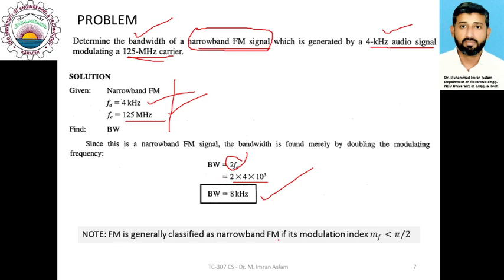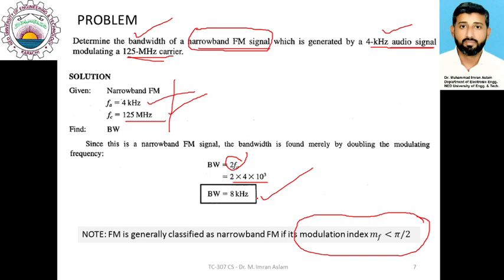At this stage, I want to mention one more practical consideration. For the narrowband case, as I mentioned in last week's discussion, we consider only one significant sideband, that is one sideband at the upper side and one sideband at the lower side.